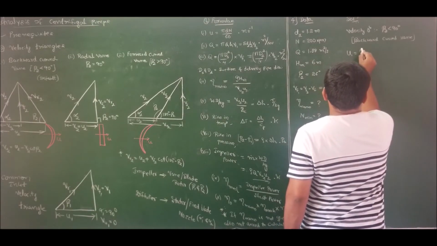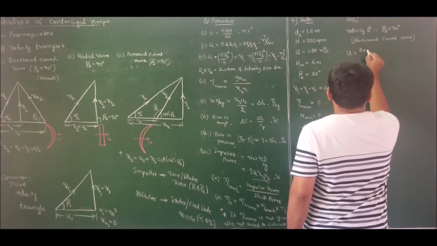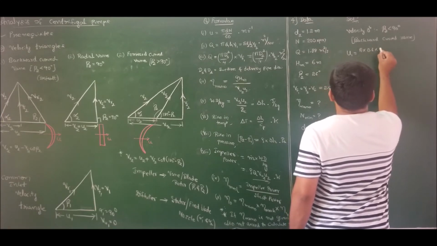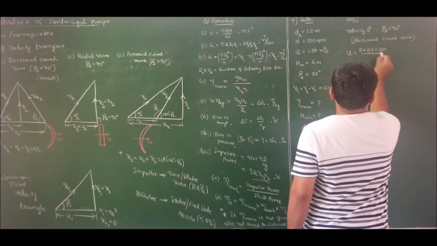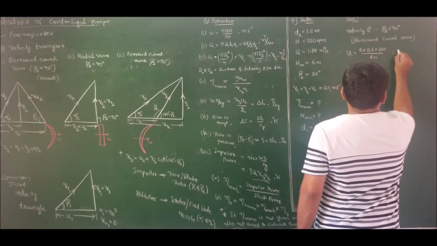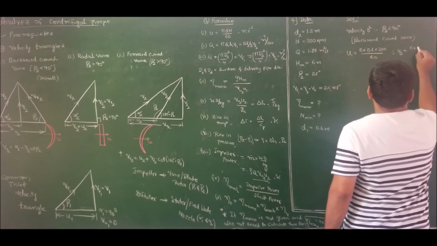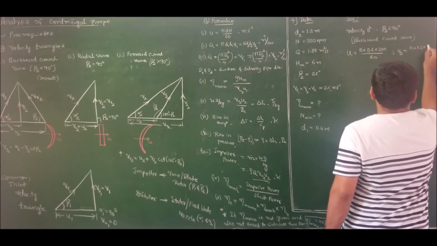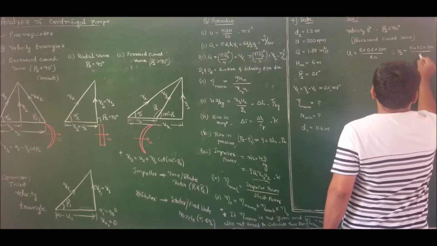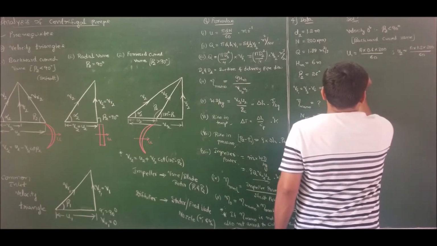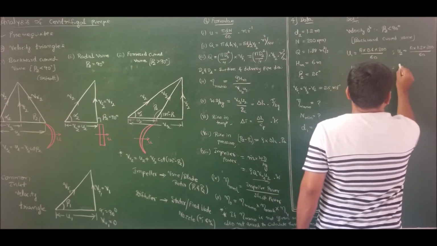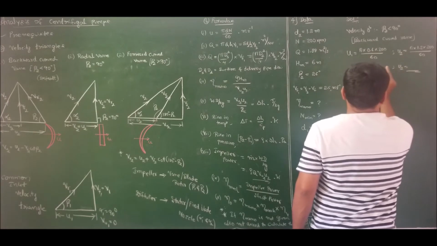U1 is equal to pi into D1 (0.6) into N (200) divided by 60. Similarly U2 will be pi into D2 (1.2) into N (200) divided by 60. So U1 and U2 are obtained for us.